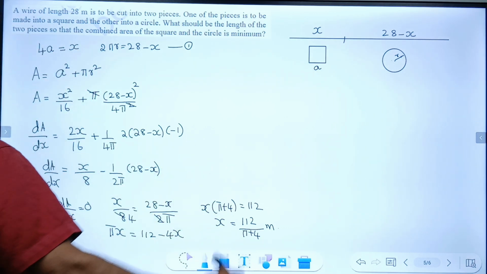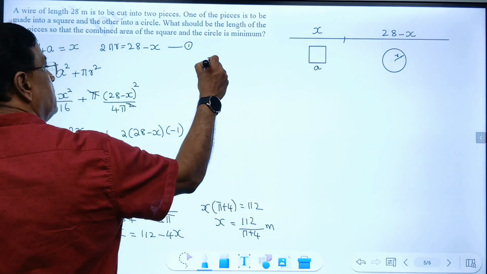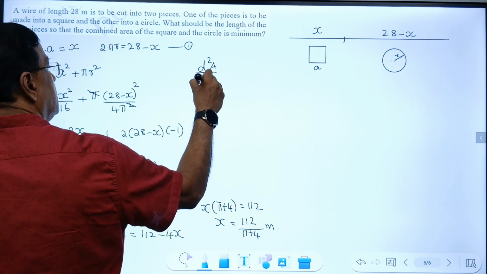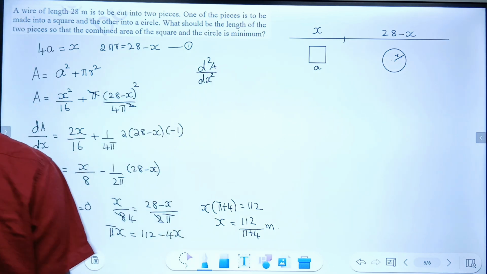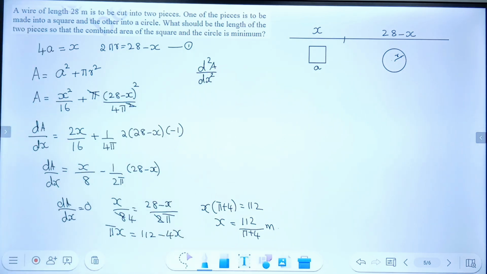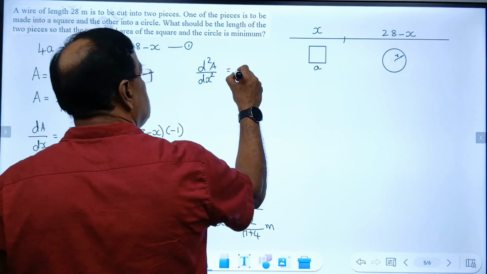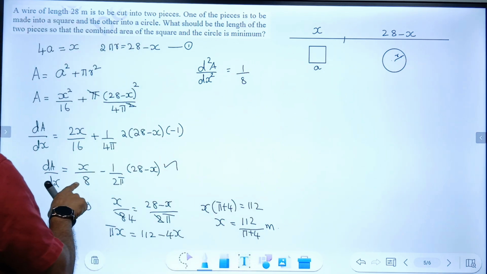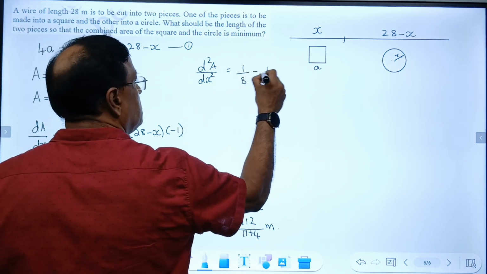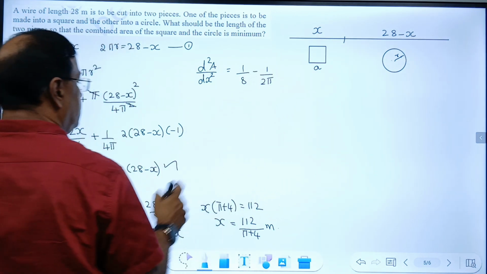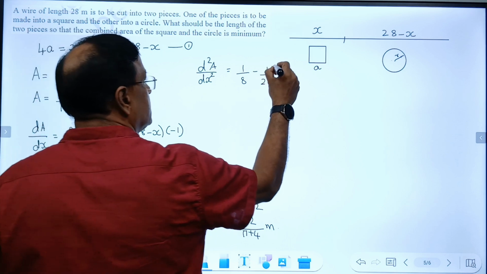Actually, it's not required. Now, how do you know it's minimum? So I go for the second derivative. d square A by dx square. Now what is d square A by dx square? I'm going to differentiate this, which is 1 by 8 minus 1 by 2 pi, and differentiation of 28 minus x will be minus 1.